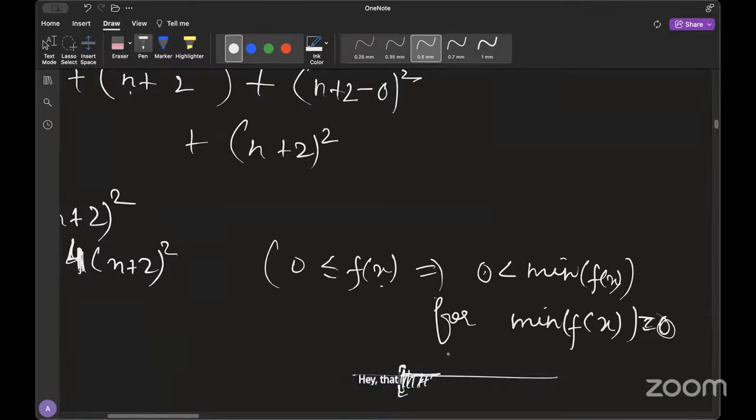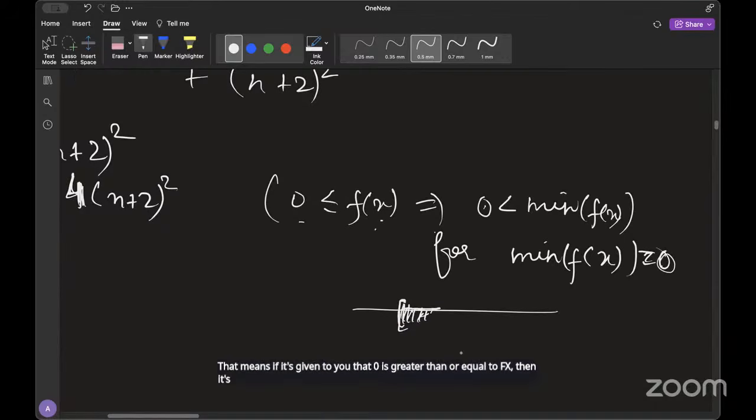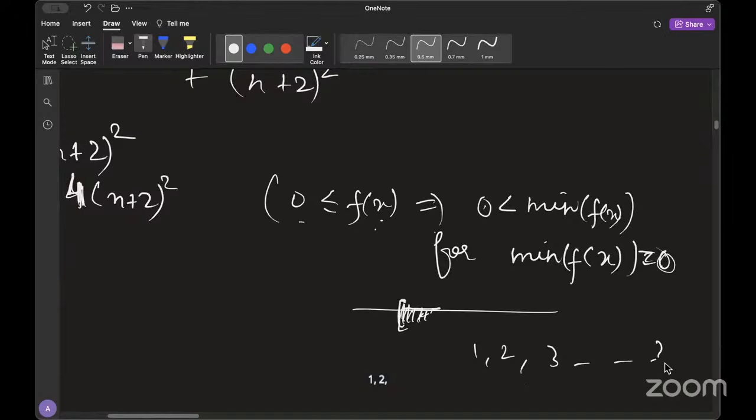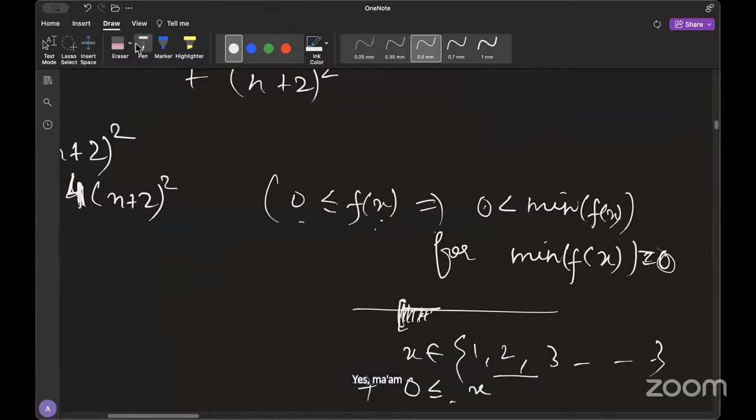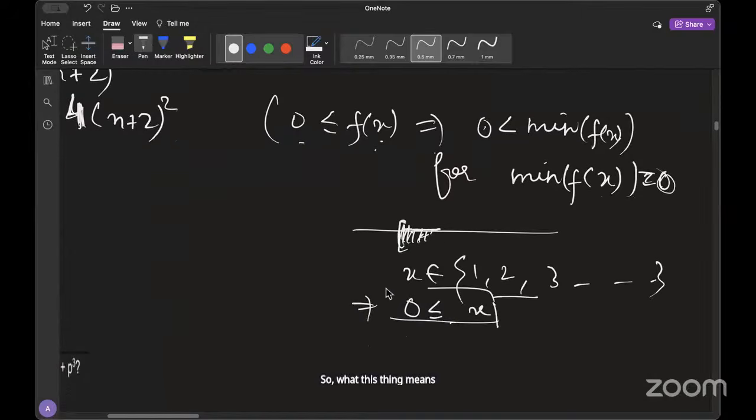That means if it's given to you that f(x) is greater than or equal to 0, then it's possible that your function is always positive. Let's say you have 1, 2, 3, this is the list that you have. Can I say that every element in this list is greater than or equal to 0? Yes, ma'am. So what this means is that x can be greater than 0 or it can be equal to 0.